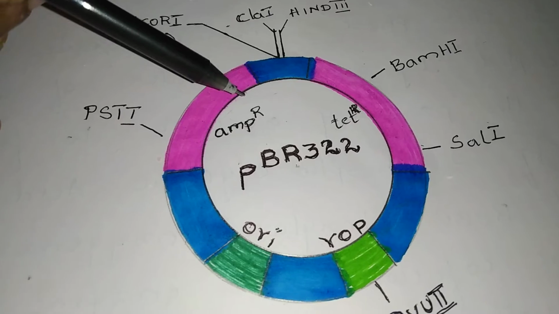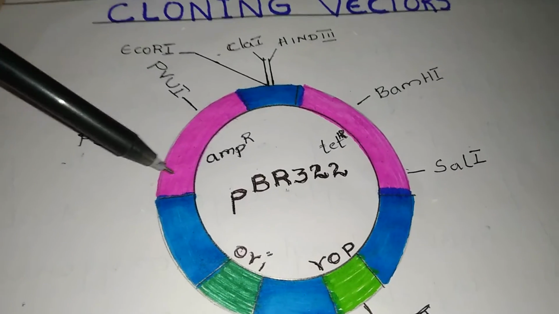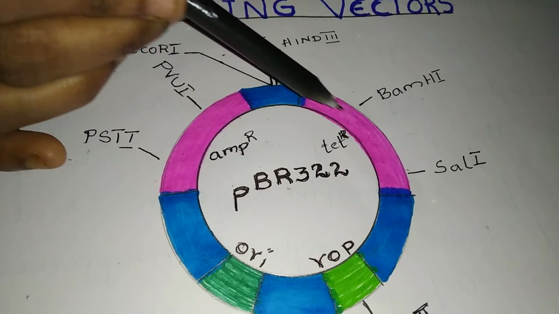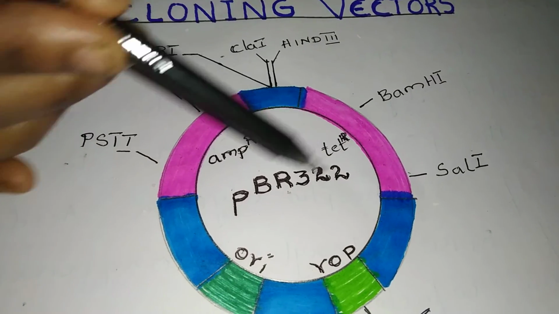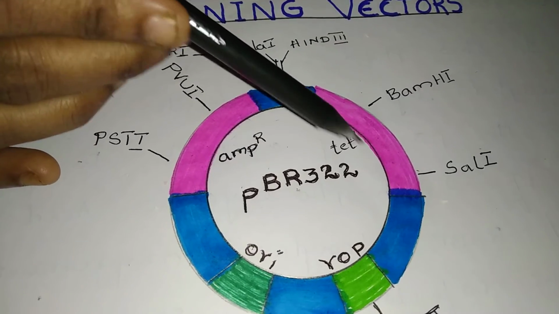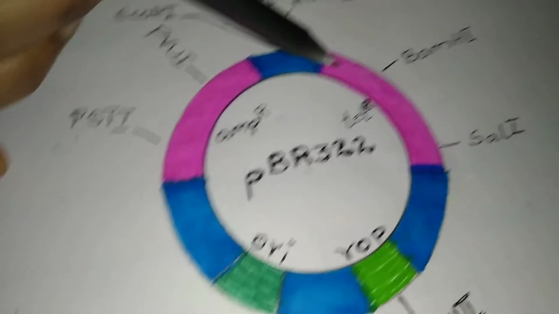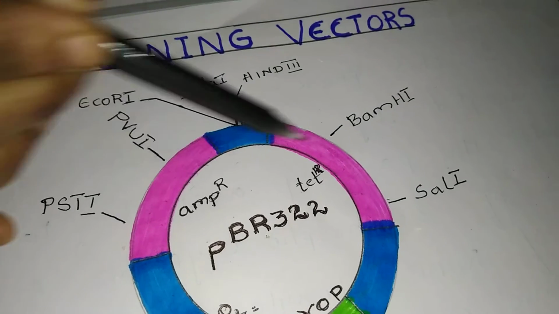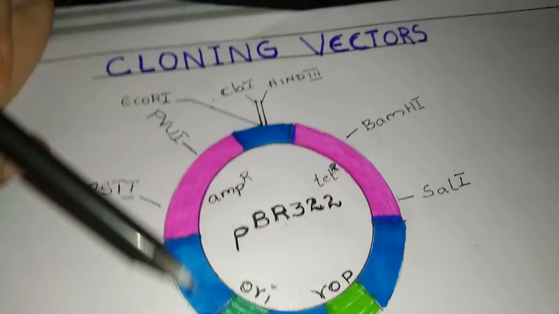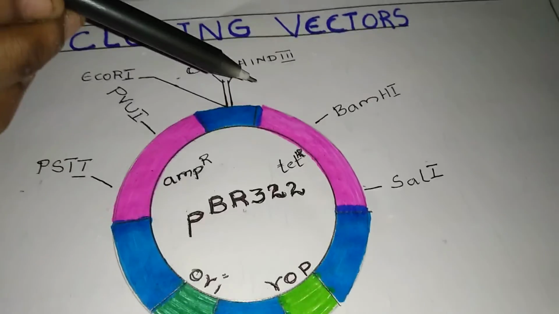As such, these non-recombinants will have resistance to both ampicillin as well as tetracycline. So when the non-recombinant cells are placed on the solution containing both ampicillin and tetracycline, those cells will remain alive. In this way, these selectable markers are useful in separating the recombinants from the non-recombinants.